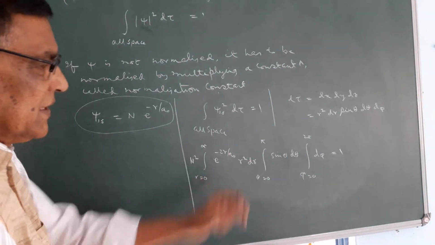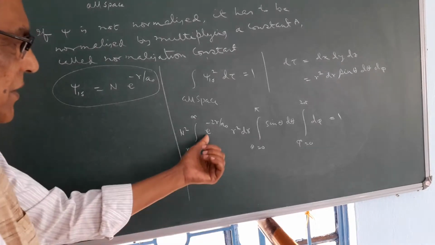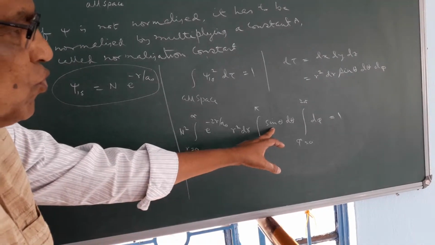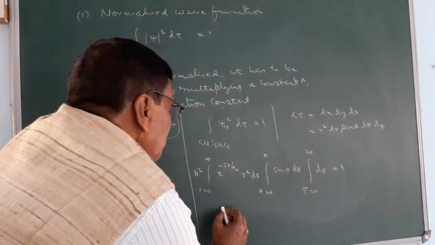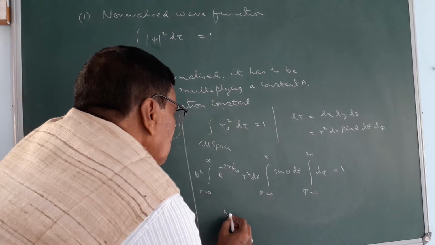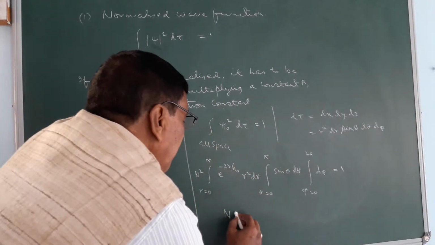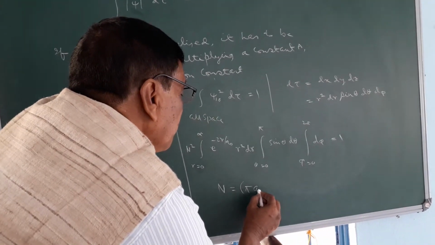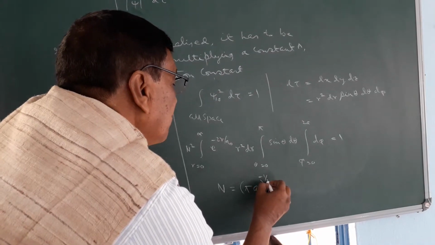When we do this integration, it can be integrated by using the gamma function. The theta integral will be equal to 2 and the phi integral 2 pi. Putting in all the values, doing this integration and putting in the limits, the value of N will be equal to pi a naught cubed to the power minus a half.